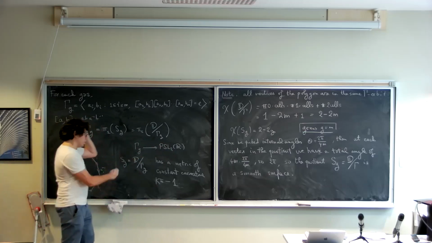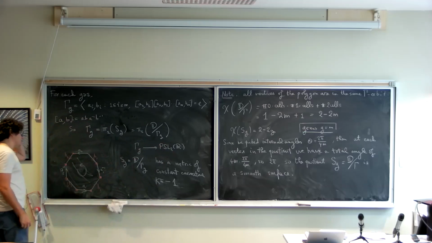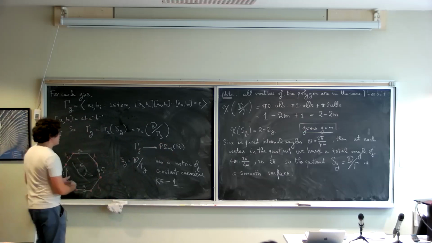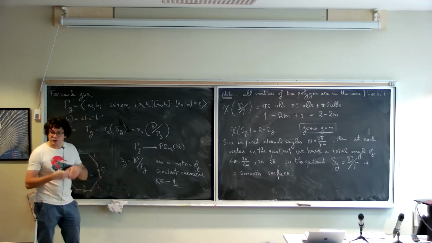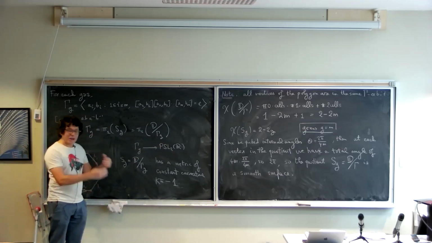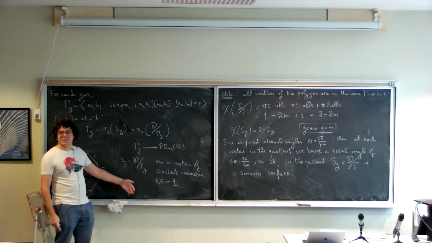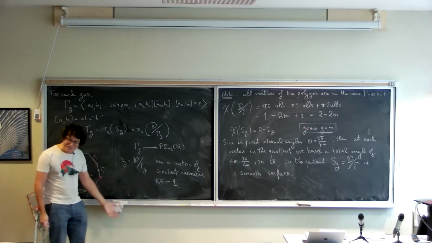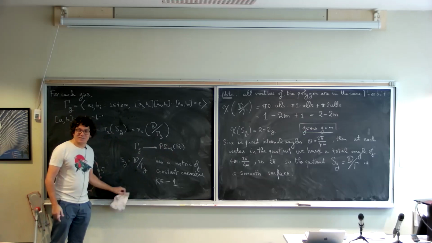So this is not just a manifold, but a smooth manifold, and not just a smooth manifold, but a metric Riemannian manifold, and not just a Riemannian manifold, but a hyperbolic manifold with constant negative curvature.